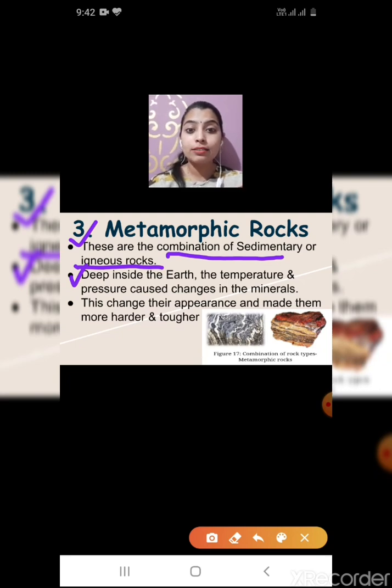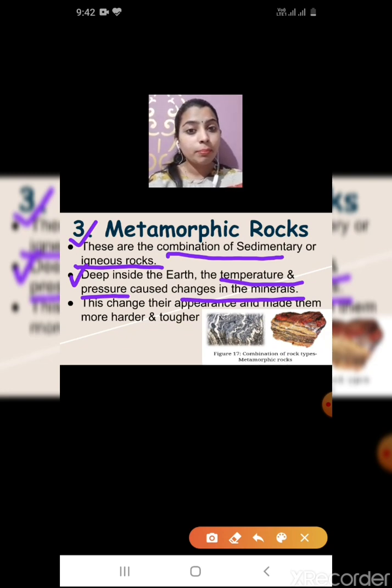Every rock is made up of some kind of mineral. Why do the minerals change? Due to the change in temperature and pressure.